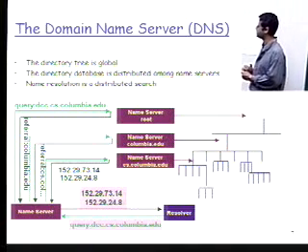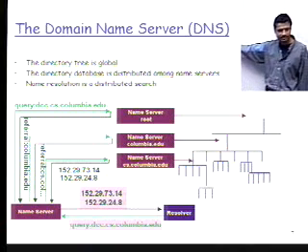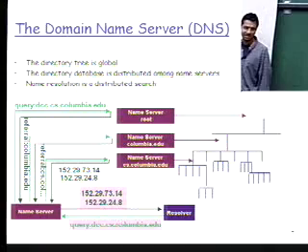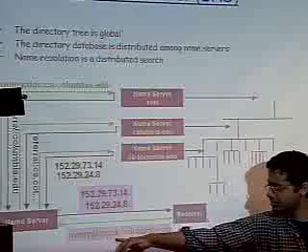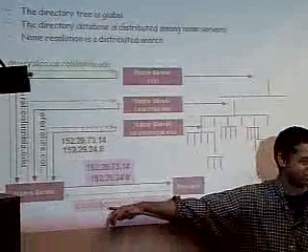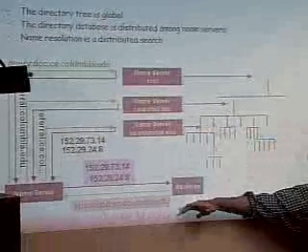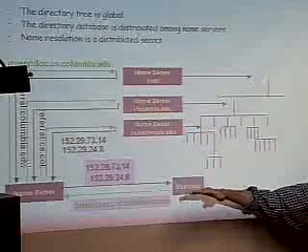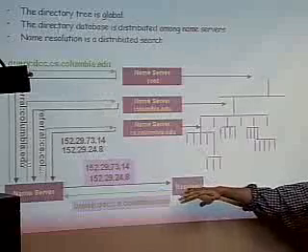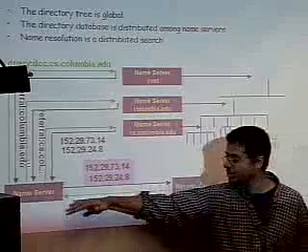So your resolver, which is, let's say, your web browser or your telnet client, is trying to convert this host name into an IP address. So the socket code might call gethostbyname or whatever. That will generate a query from this resolver to the local name server.